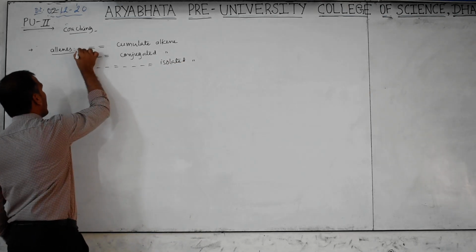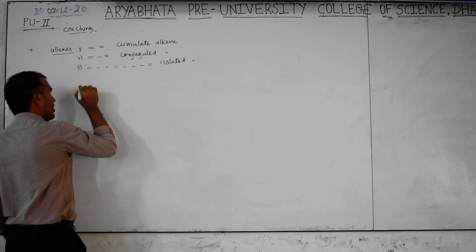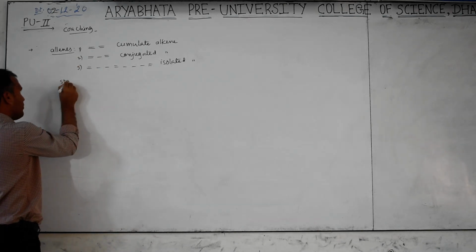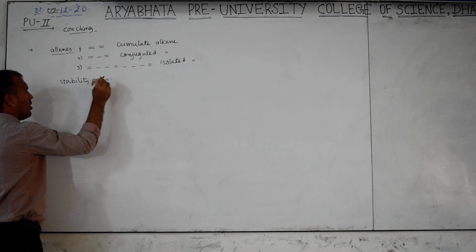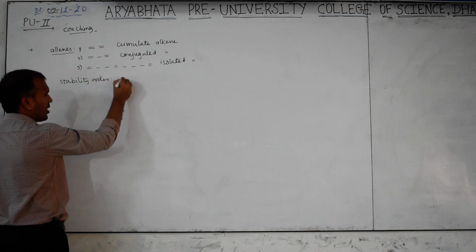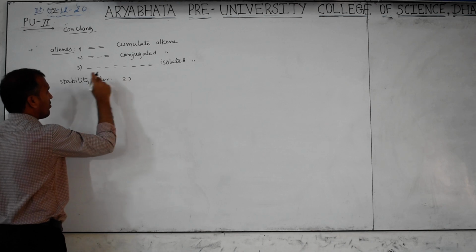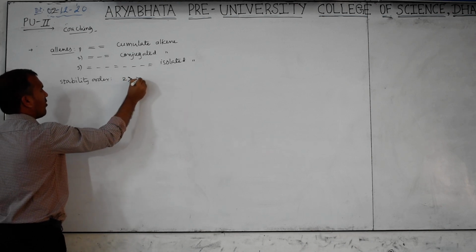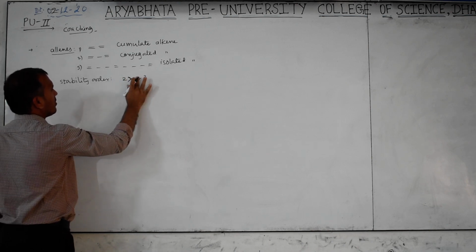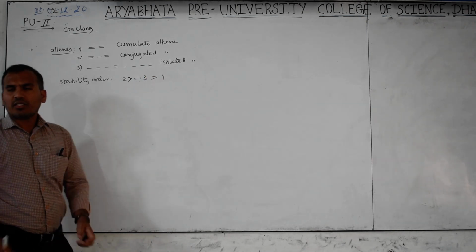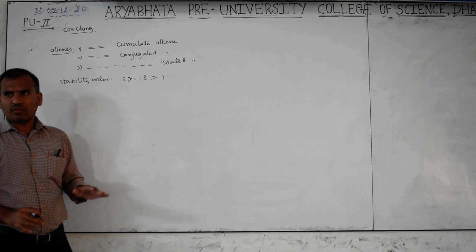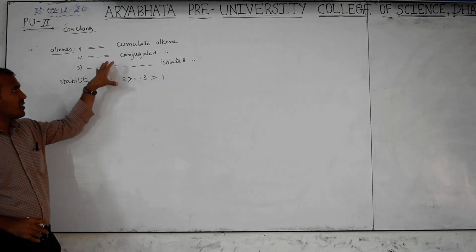If you number them 1, 2, 3, the stability order is different. Conjugated alkene, second number, is most stable, then third, then first. This will be asked in the alkene chapter, but we are not discussing all this.